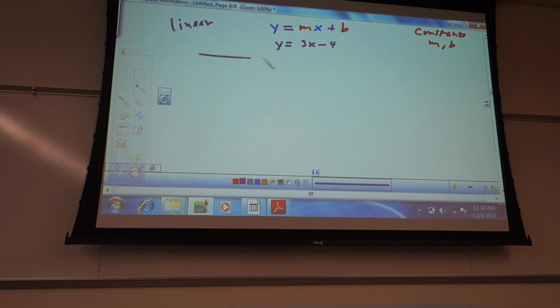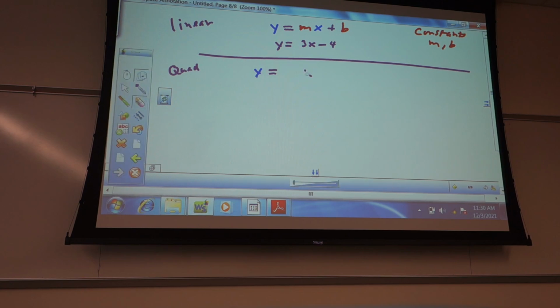And then we have quadratic. We have something like y equals an x squared and an x, so it might be ax squared plus bx plus c.